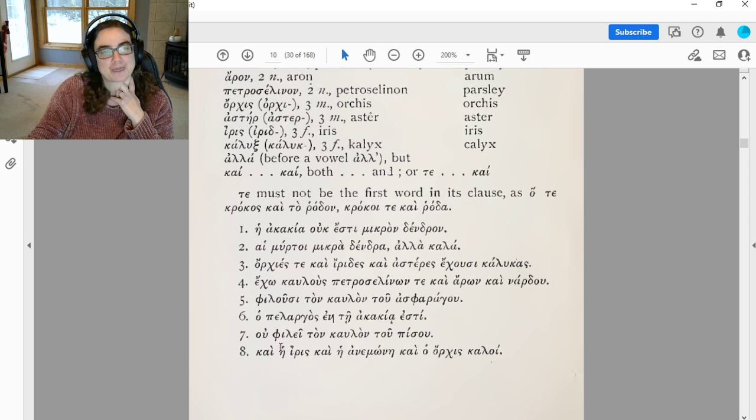All right. So the iris and the anemone and the orchid are beautiful. There's no verb here. We just supply "to be." And this omicron iota tells us that this is a nominative plural. So all these things are beautiful. Now, two of the subjects are feminine, one of the subjects is masculine.